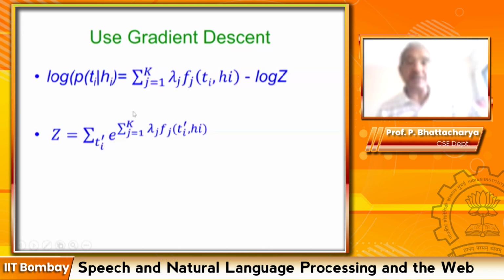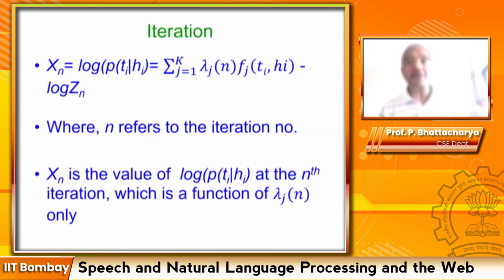I have minus log z, and z of course is the summation over all possible tags of this exponential expression. So this is my expression, and now I call this xn: log of p(ti given hi) equals sigma j equals 1 to k lambda j n fj(ti, hi) minus log z n.